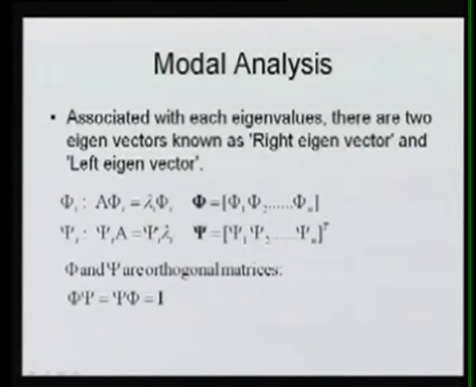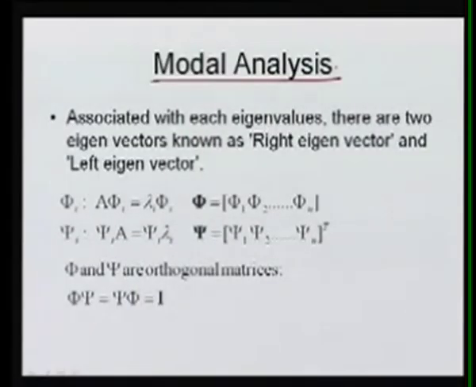To analyze the small signal stability, modal analysis is performed, and this modal analysis is very, very important for seeing the system behavior and to judge whether the system is dynamically, or you can say small signal, stable or not.